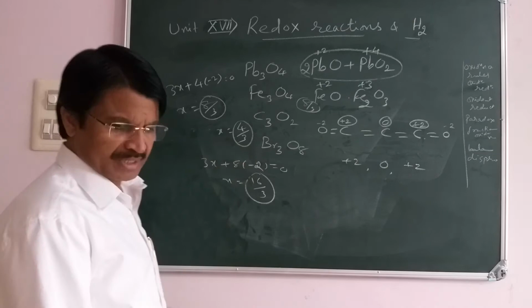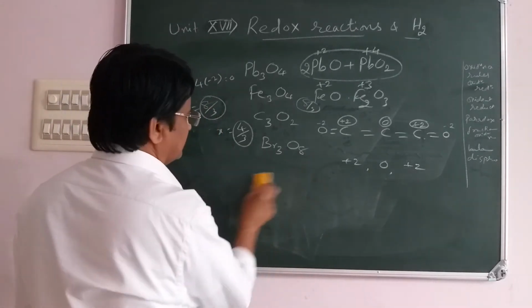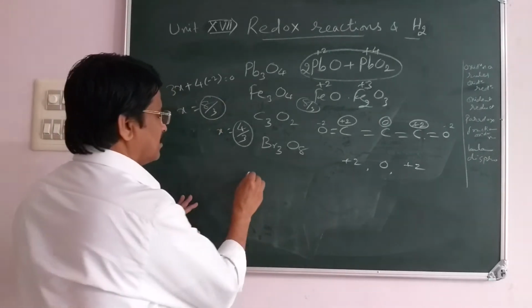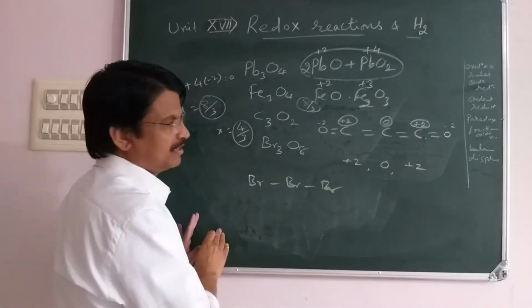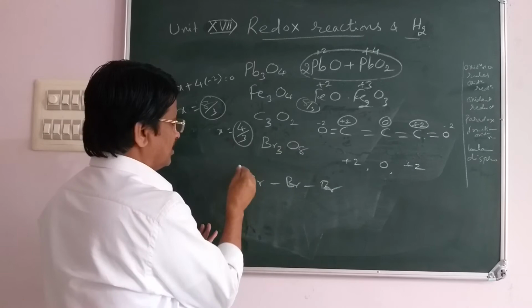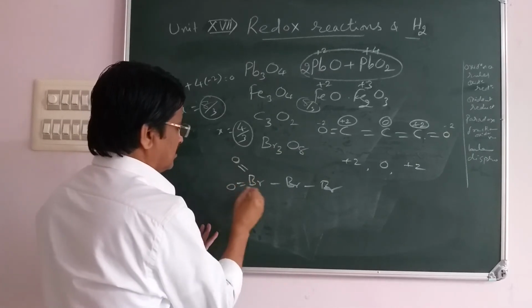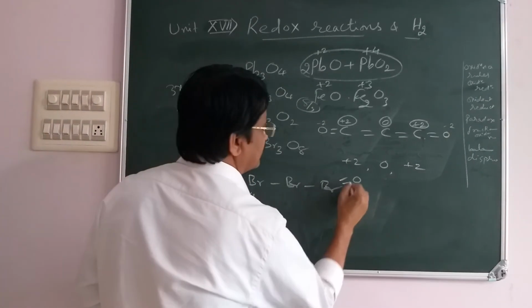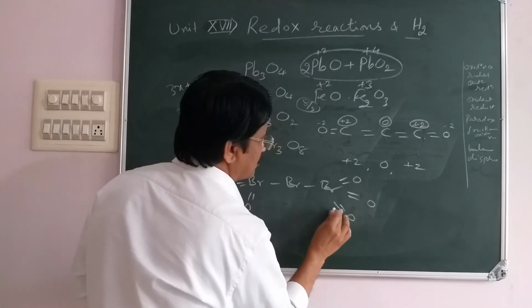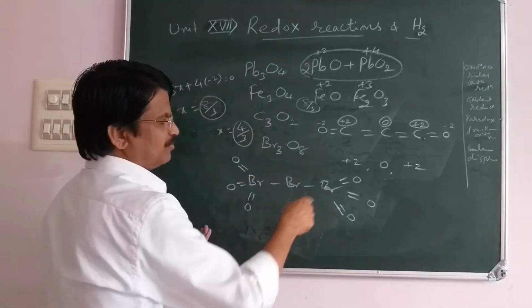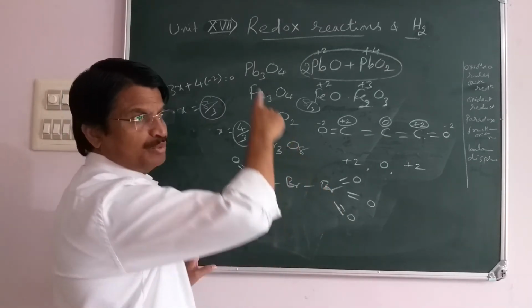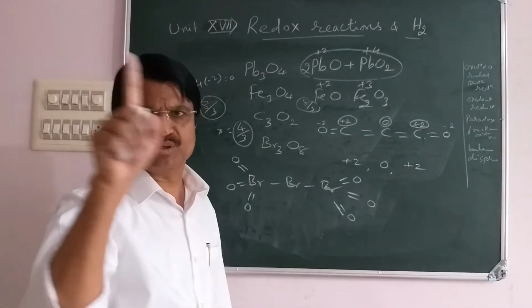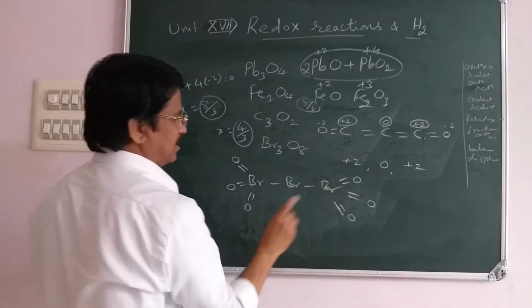Okay, same type, bromine. Like this you write 3 Br, and O8 with oxygens linked to each. Because you know the valency of Br, the maximum oxidation number is 7. The valence electrons of a halogen equal 7, therefore 7 bonds you can write.